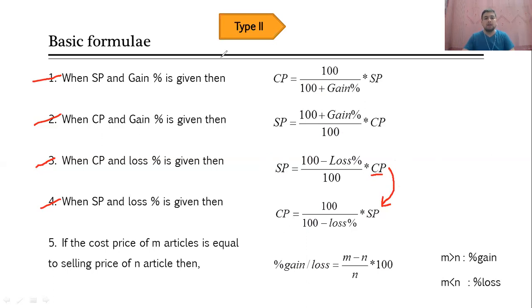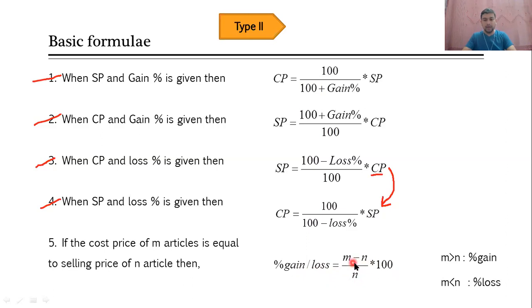Now the last formula is if cost price of M articles is equal to selling price of N articles. At that time, percentage gain or loss is calculated by (M minus N) upon N into 100.